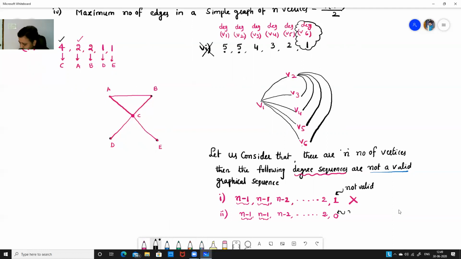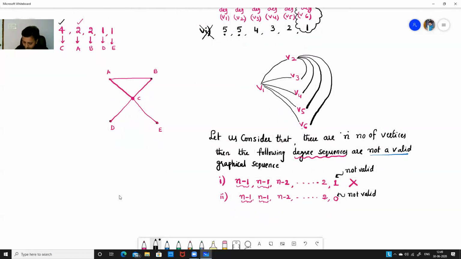Therefore, it is also not valid. Is it clear? Please understand these points. We are talking about not valid sequences, right? If it's not valid, we can stop there.